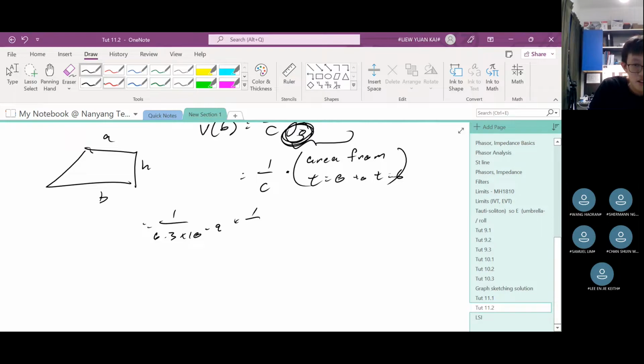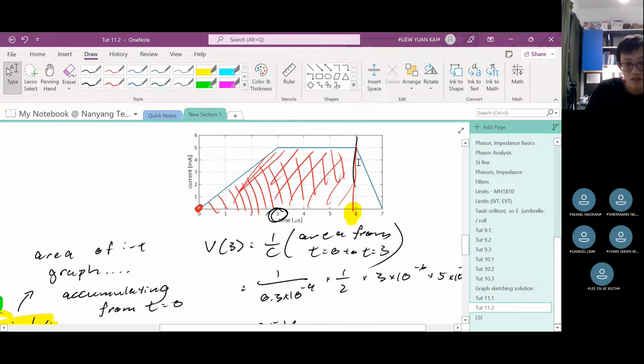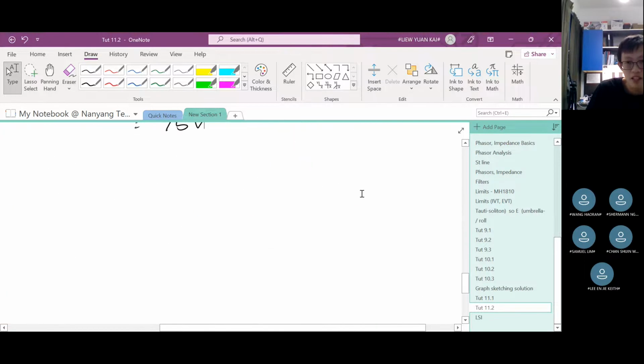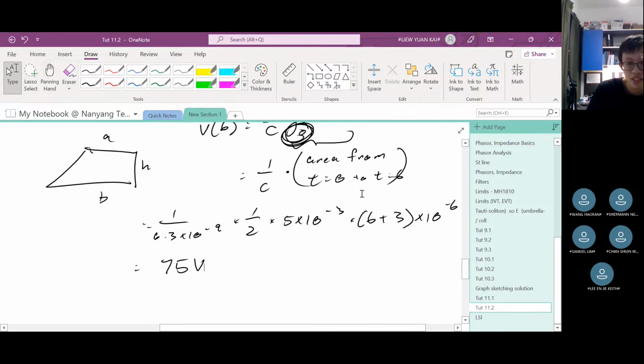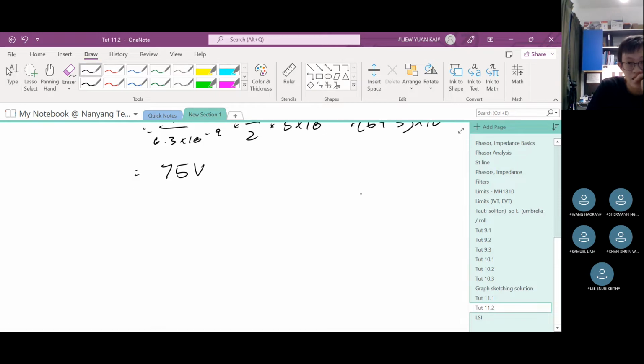So half times height times A plus B microseconds, you get 75 volts. So by the time it reach time equal to 6 microsecond, it will accumulate 75 volts of potential difference in the capacitor. Now what about the last segment?